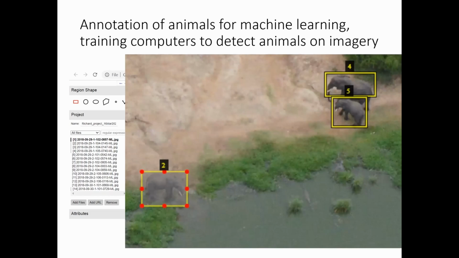Now you need thousands of these to train a computer, and you need them in the form in which they derive from an aerial survey. It's all very well to fly, for example, a drone above a herd of elephants and photograph it from all different angles.